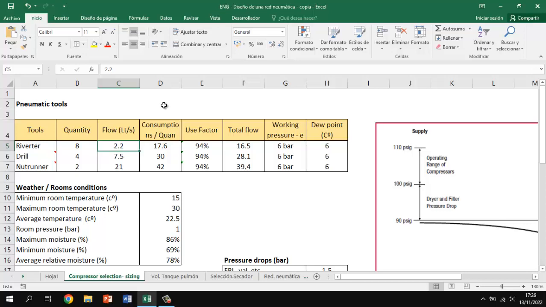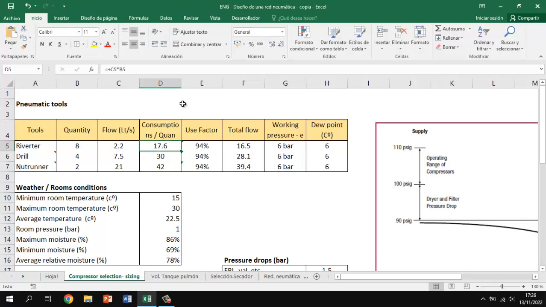This is real information. Then 7.5 and 21. In this case for drills over 6.5 millimeters, above 10 millimeters, and nut runners over 10 millimeters. Then you have a consumption, because this 2.2 is just for one, you have 8, so for the total you just multiply. It's the same for these 3.